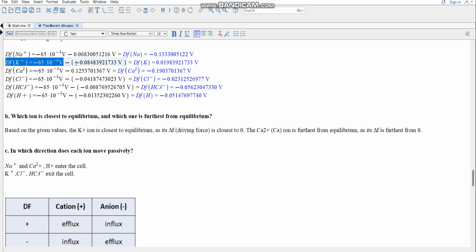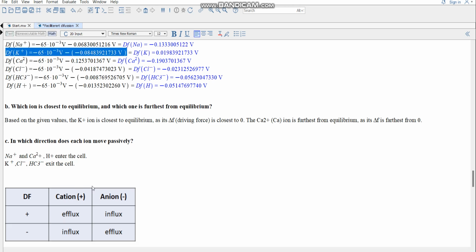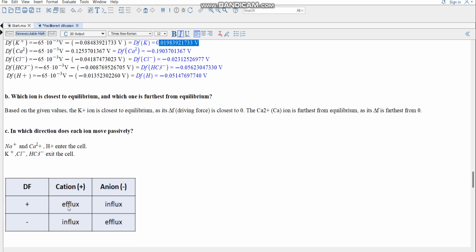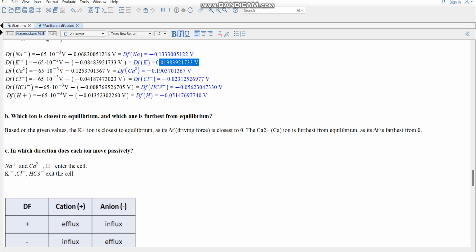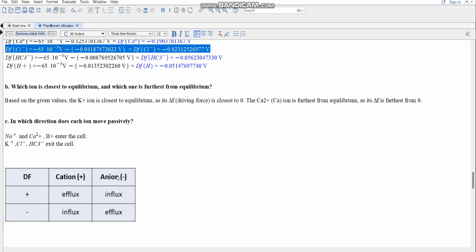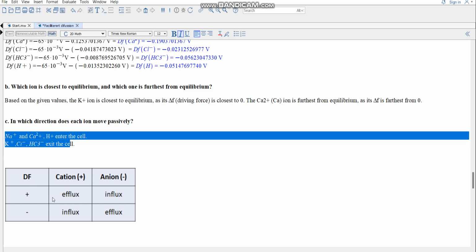If you look at, for example, potassium, that is also a cation, but now the driving force is positive, so it's efflux, so it exits the cell. Then if you look at an anion, like chloride, which also has a negative driving force, so it is efflux, right? It's an anion, it's negative, it's efflux, so it exits the cell.